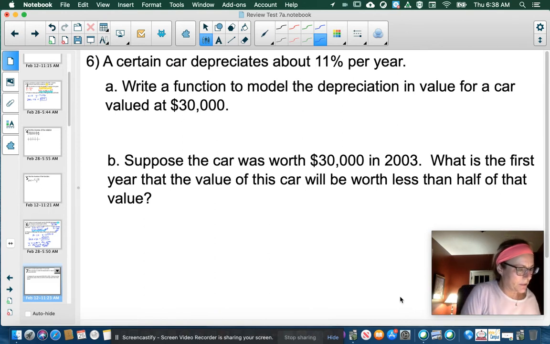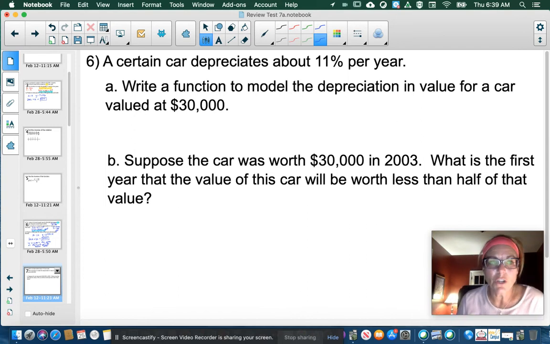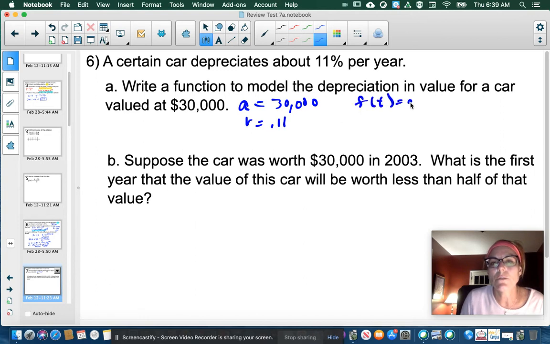Example 6. Certain car depreciates about 11% per year. Write a function to model the depreciation and value for a car valued at $30,000. All right, the car is worth that. R is going to be 0.11, and I know that I'm going to use 1 minus r to the t because it's depreciating.